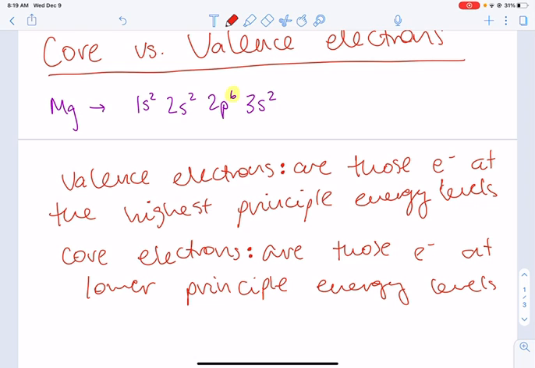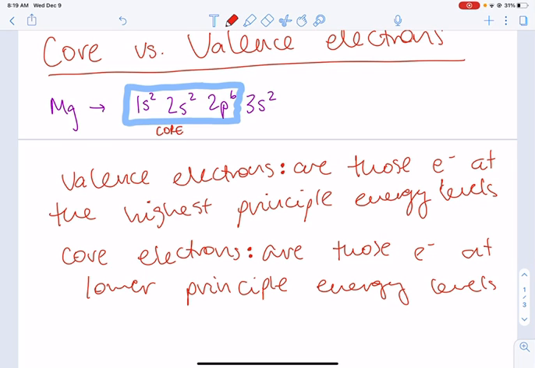So, if we look at magnesium, right, how many core electrons does magnesium have? Well, core electrons are going to be those electrons which are lower than the valence electrons. So our core electrons for magnesium are going to be here.